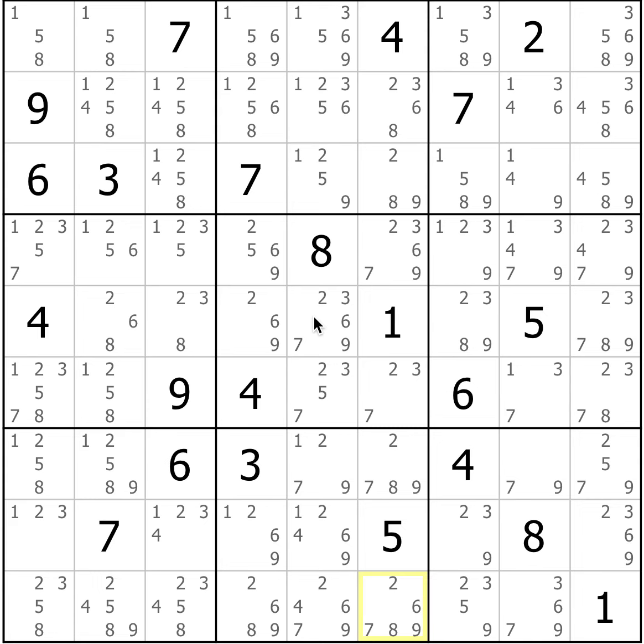So for our illustration today, I'm going to start with this very hard puzzle, and in particular, I am reasonably sure that there are no ways to establish any exclusions at all using alternating inference chains or almost locked sets, or by any coloring method.